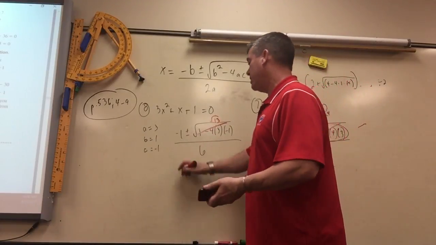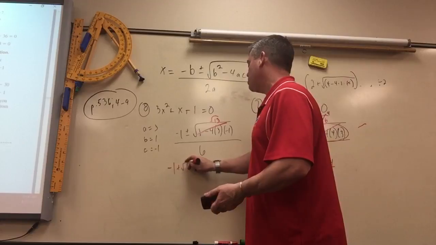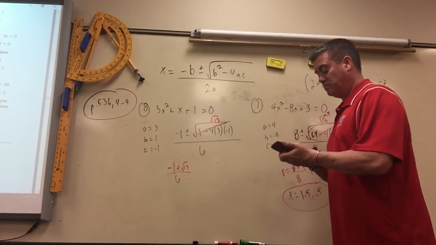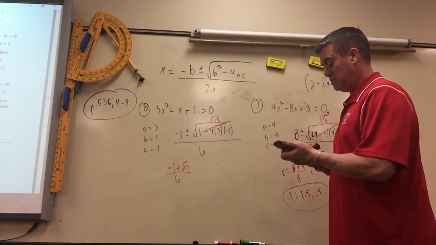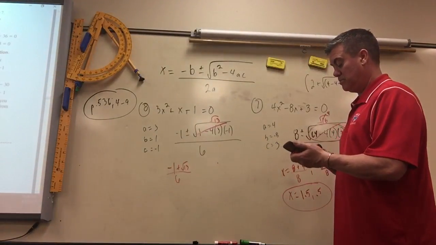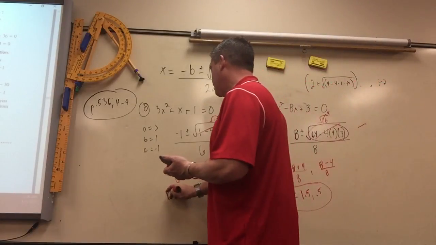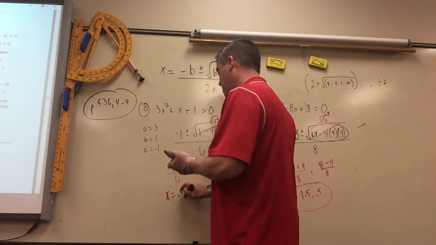So these you've got to do on your calculator. Negative 1 plus the square root of 13, press equals and divide by 6. And again, these they round to 2 decimal places. 0.43.